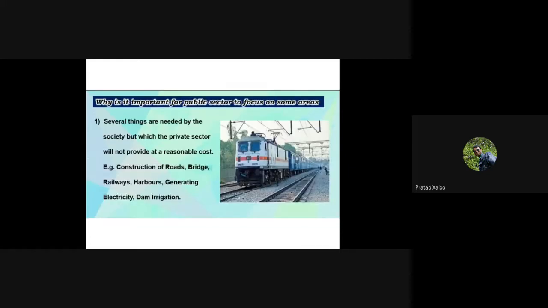Now, why is it important for the public sector to focus on some areas? Several things are needed by society, but the private sector will not provide them at a reasonable cost, like construction of roads, bridges, railways, harbors, generating electricity, dams, irrigation, etc. Some areas need spending large sums of money, which is beyond the capacity of the private sector.